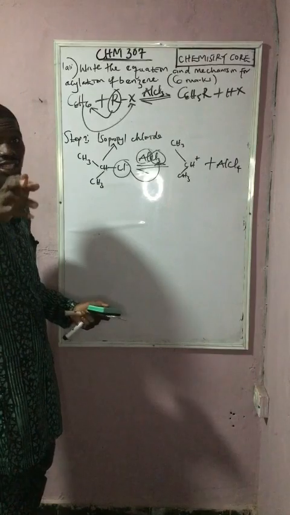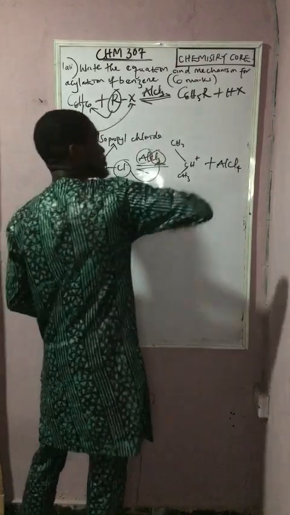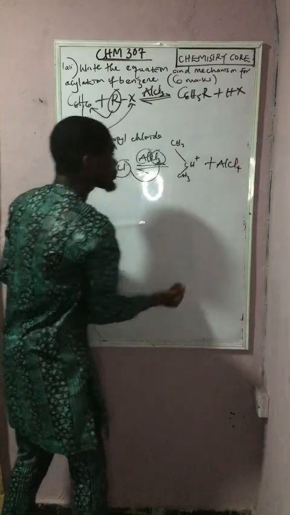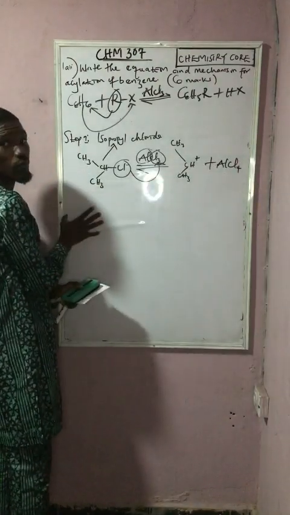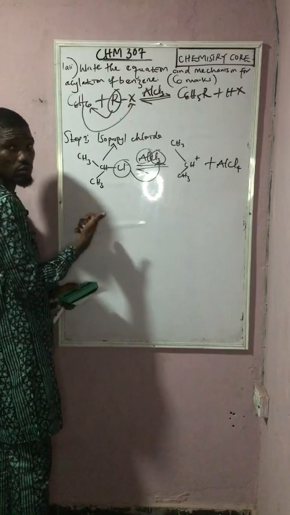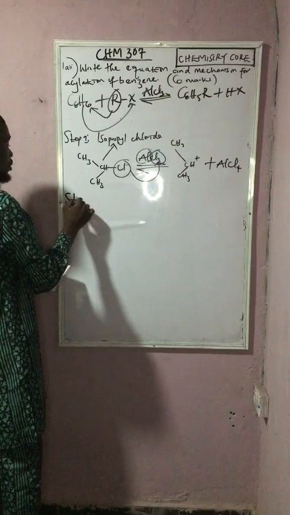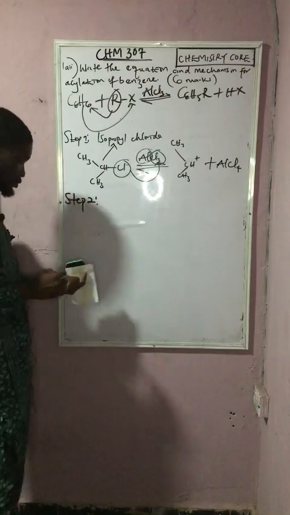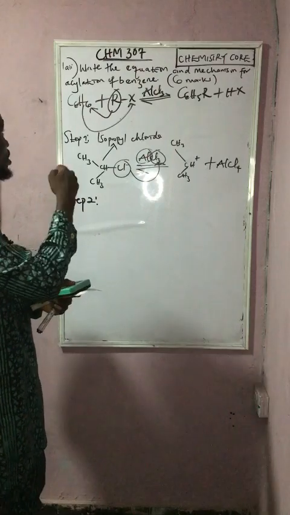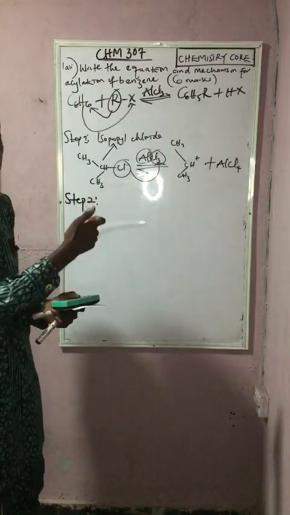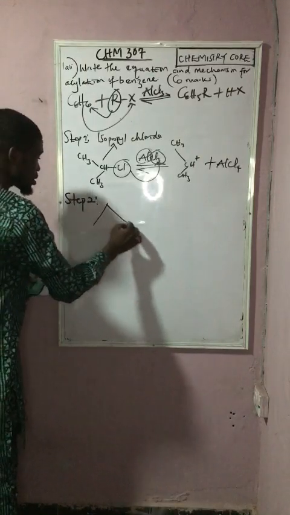And one thing about the secret of the mechanism of any organic compound is that what you are having as a product here, if you are to start the second step, you have to bring the product here to this place. Are you with me? So now we have our step 2. And for this step 2, don't forget we are talking about the mechanism of benzene acylation. So now we're going to introduce benzene here. So by doing that, we have this.